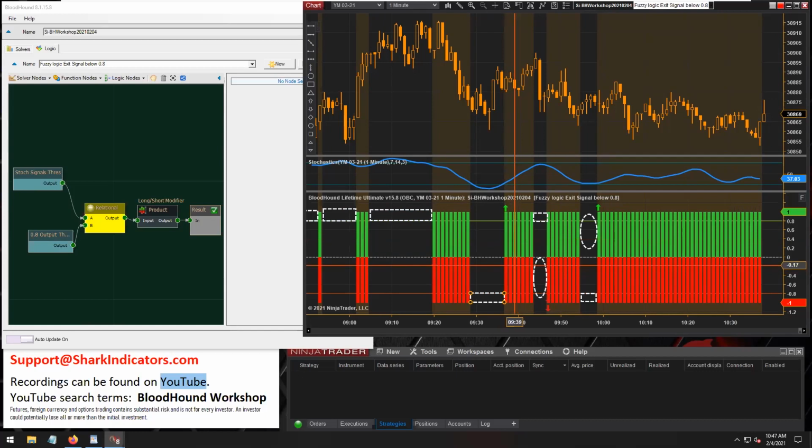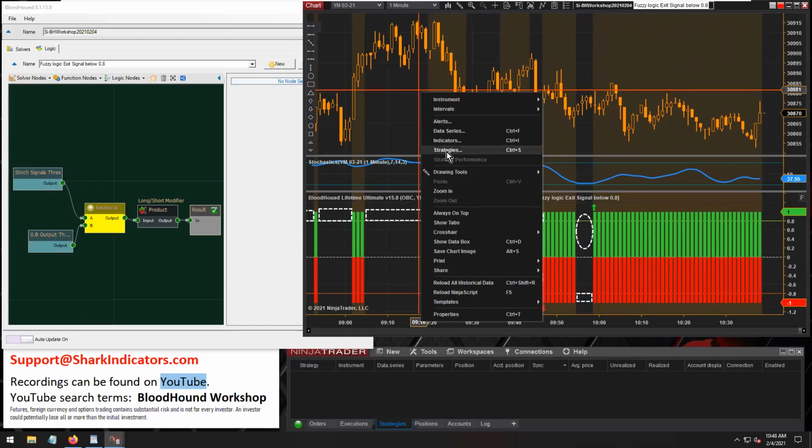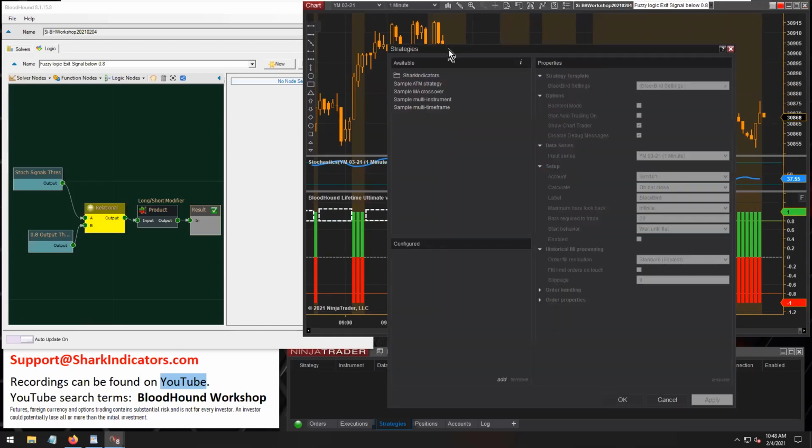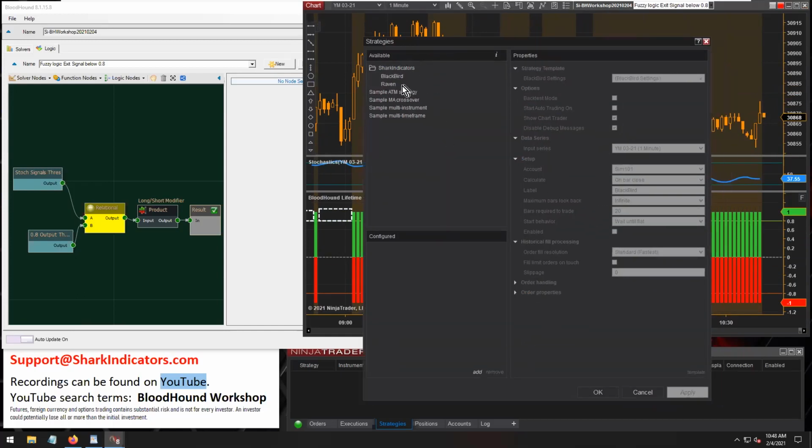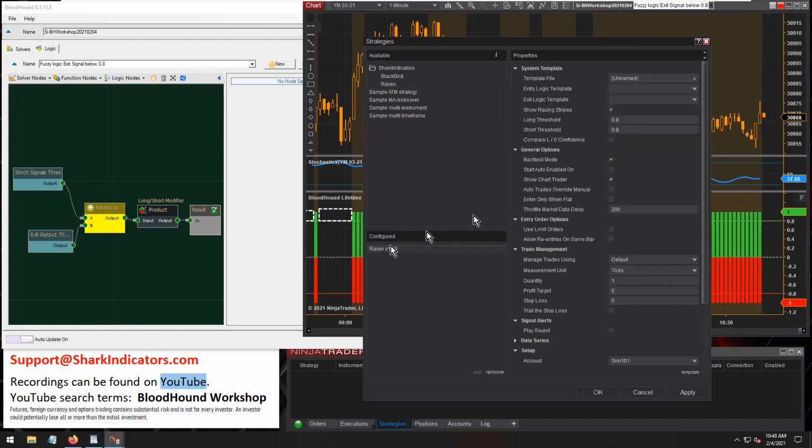So remember, these are exits. So these will never enter a trade. So again, going back into our strategy, let's pull up Raven again, whatever signals you put into the exit logic, as it says, exit logic, those are never going to enter a trade.